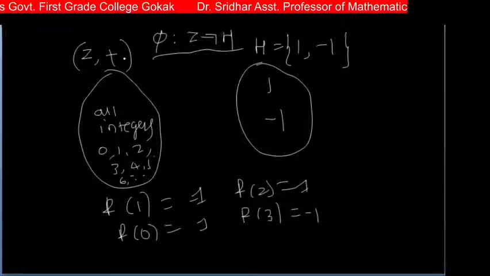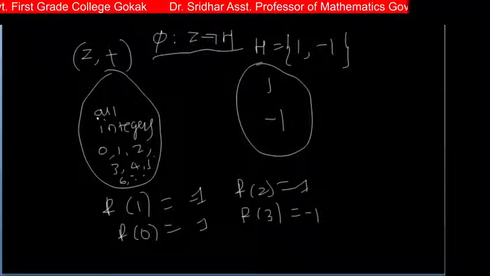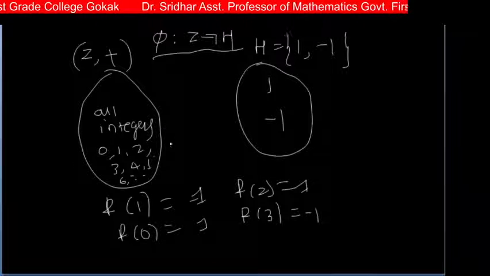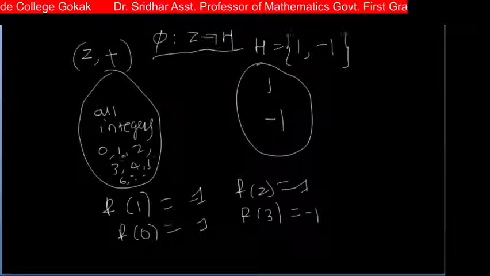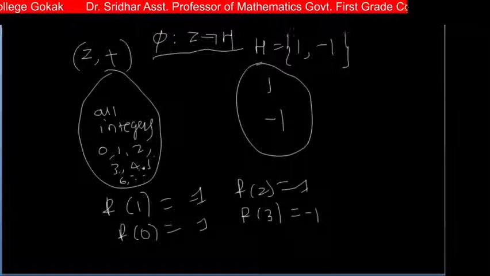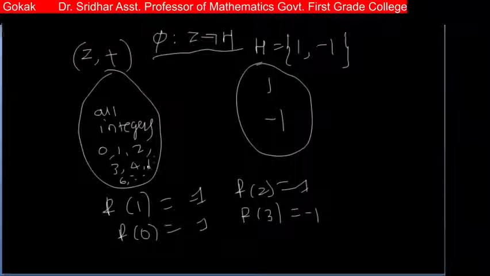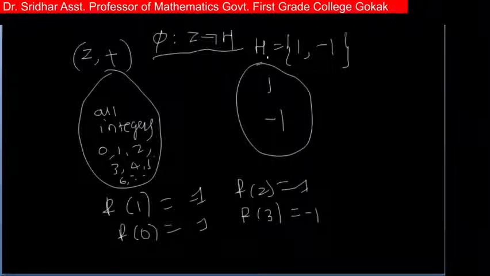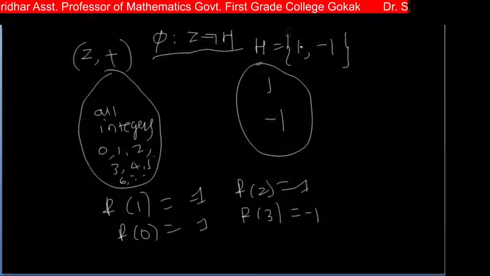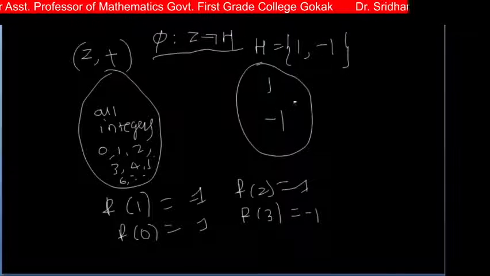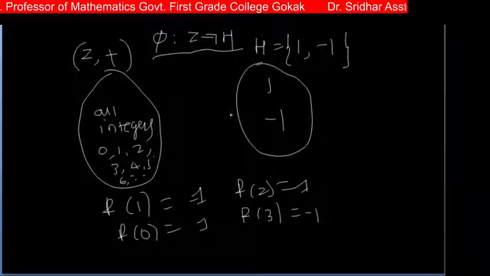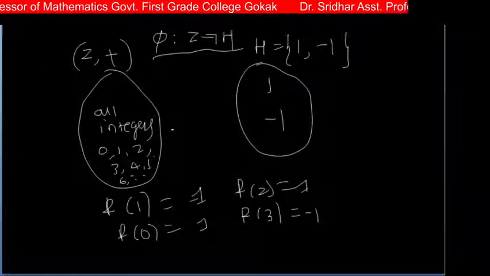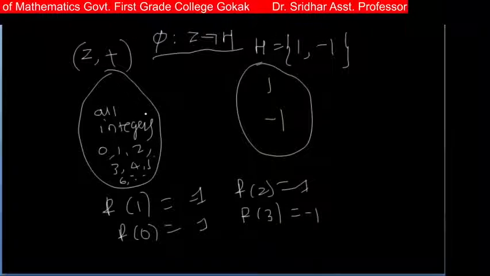One is Z plus, which contains all integers such as 0, 1, 2, 3, 4, 5, 6 and so on. And we consider another group H, which contains the elements 1 and minus 1. These are the two groups, and here we define a mapping.